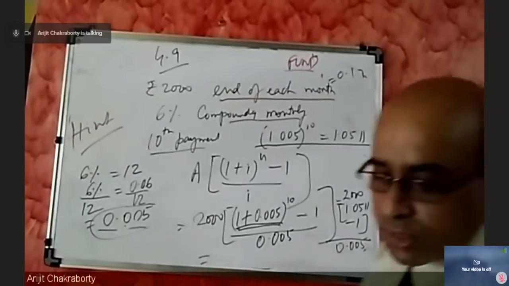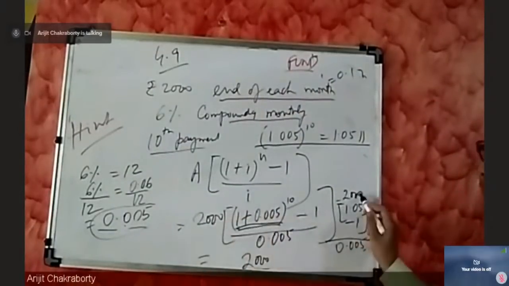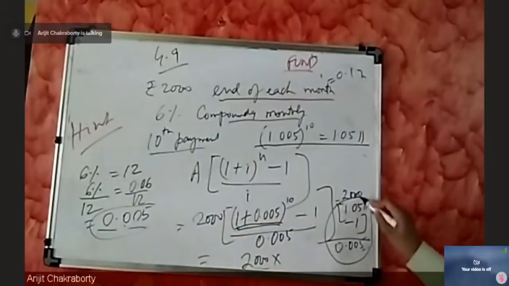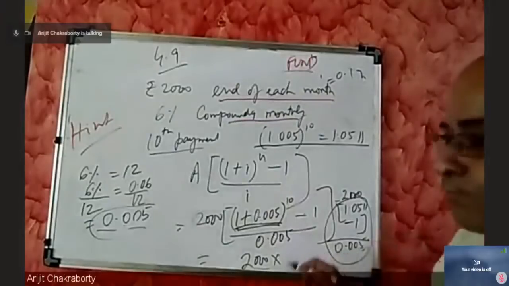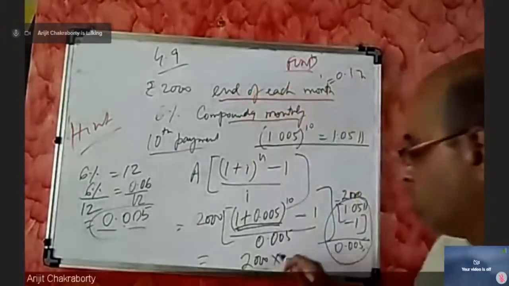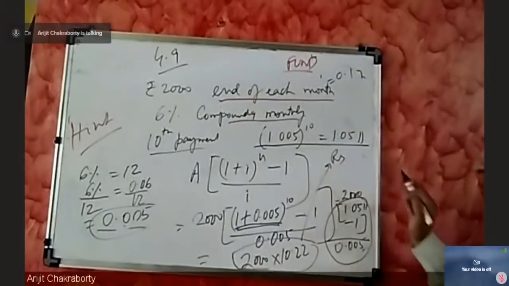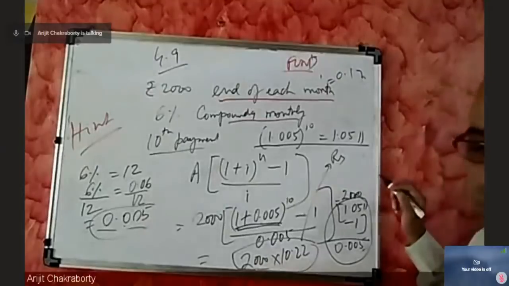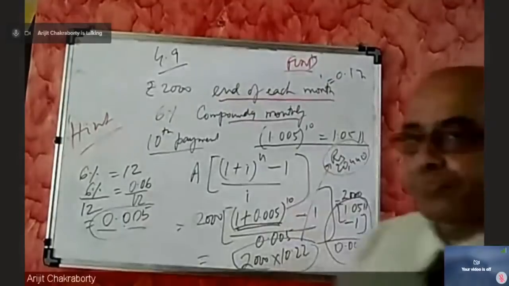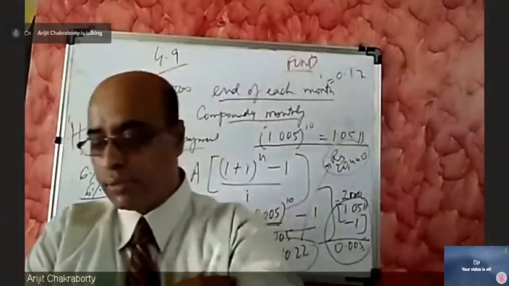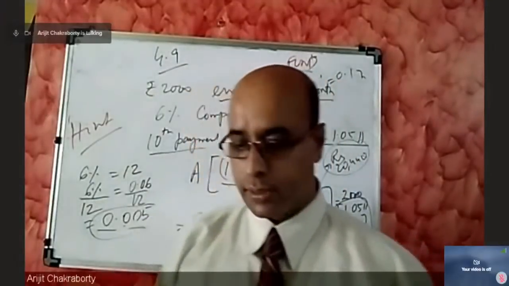So 2000 into this portion, 1.0511 minus 1 by 0.005. This portion comes to 10.22. So this amount is rupees 2000 into 10.22. It comes to 20,440. 20,440 is the answer. Okay. So 20,440 will be the ultimate future value on the 10th payment. Right.